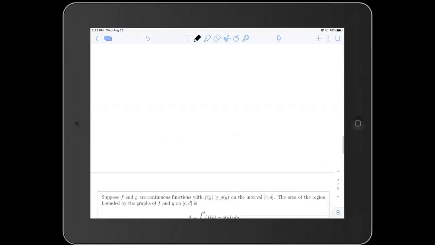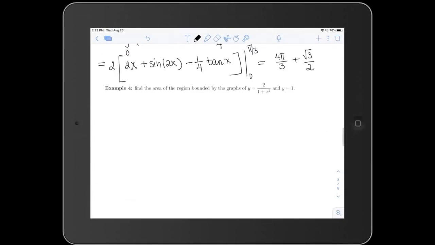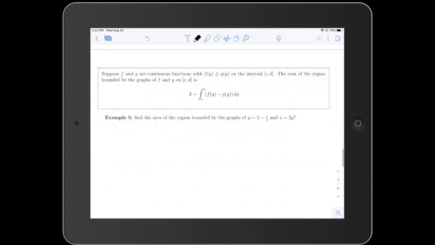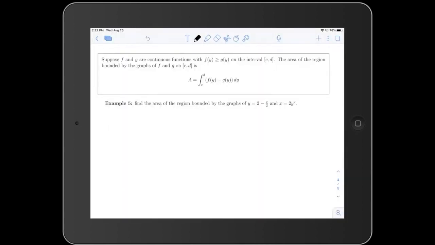Then I'm going to skip this example only because I want to do a couple of examples where we integrate in a slightly different direction. So if you wish, try this on your own. And I can check your answer, or we can discuss it next time. But now let's take a look at this similar problem where now we have a function of y.